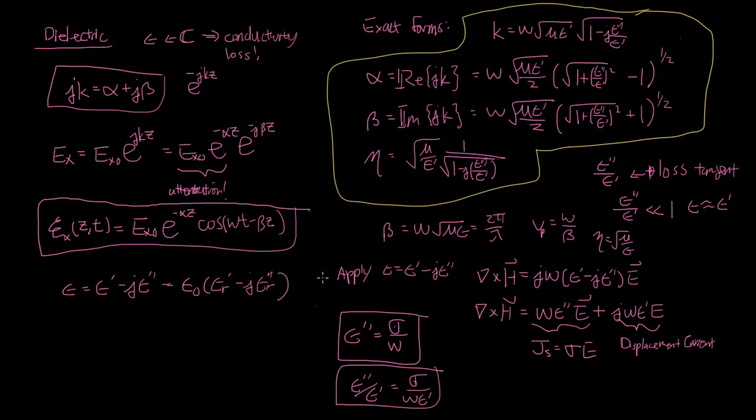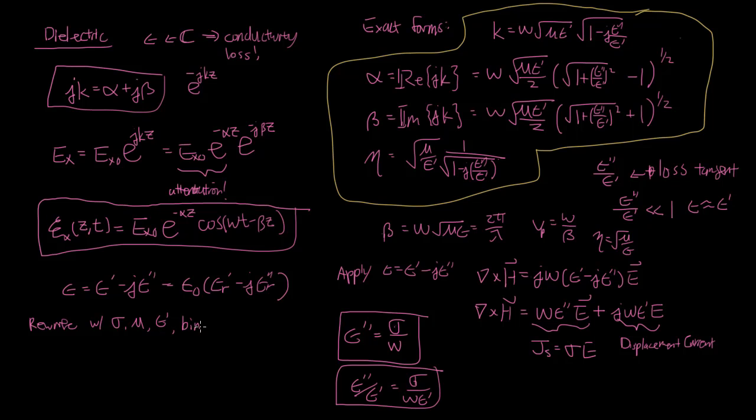Now before I wrap up, I also want to give approximations of these equations in terms of the conductivity, sigma, because quite often one of the pieces of information you have on the material might not be epsilon double prime, but you might be given sigma instead. So I'll just summarize the steps and then highlight the results. The details aren't that important, but the goal is to rewrite in terms of sigma, mu, and the real part of the permittivity.